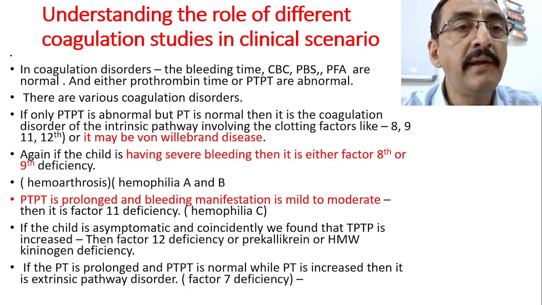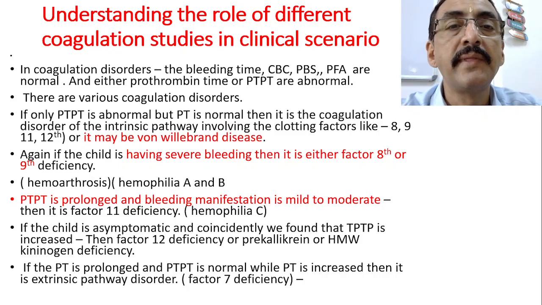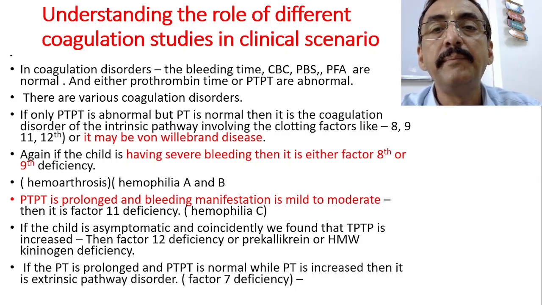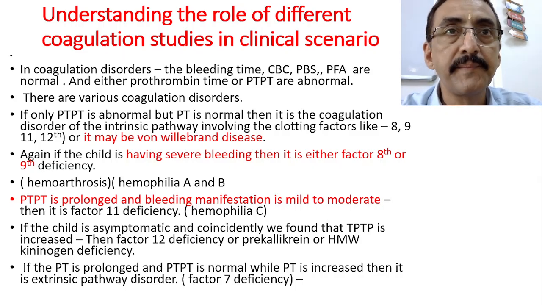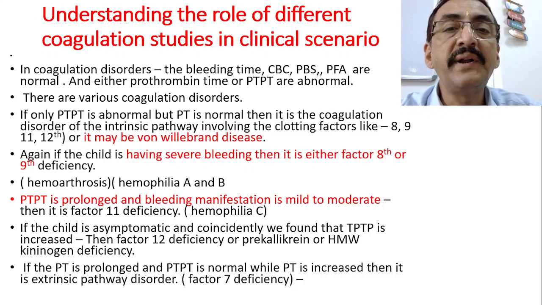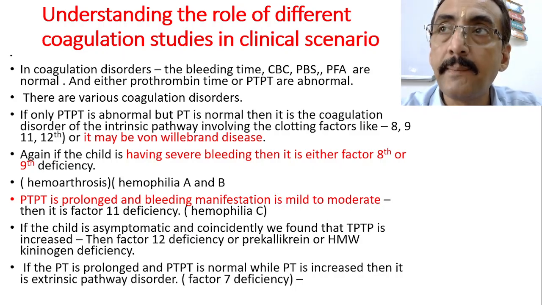First, in case of coagulation disorders, the bleeding time, CBC, PBS, PFA are normal and either the prothrombin time or APTT is abnormal.